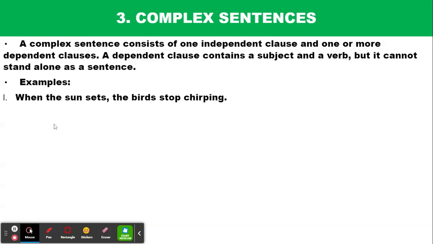Let's look at examples. Example 1, when the sun sets, the birds stop chirping. Now, when the sun sets is the subordinate clause here. So let's again analyze this sentence. When the sun sets, we can call this subordinate clause, SC, or DC, dependent clause, whichever name you want to call it.